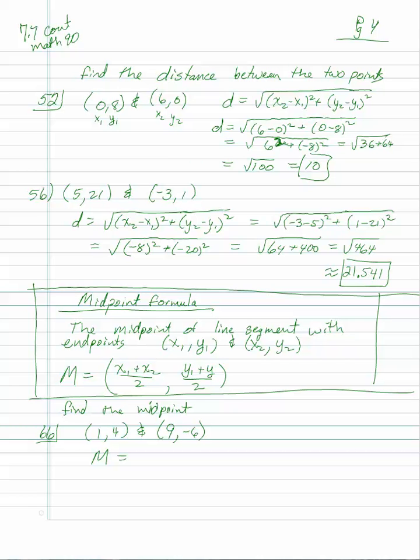So the midpoint would be equal to x sub 1 plus x sub 2 over 2, y sub 1 plus y sub 2 over 2. So again, we're going to add the x coordinates, divide by 2, add the y coordinates, divide by 2. And we get 10 over 2, negative 2 over 2. So we get 5, negative 1.